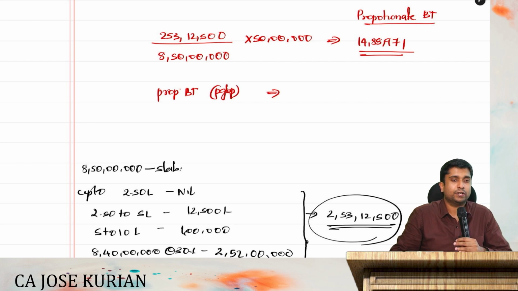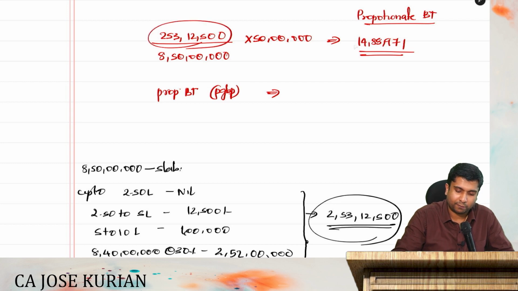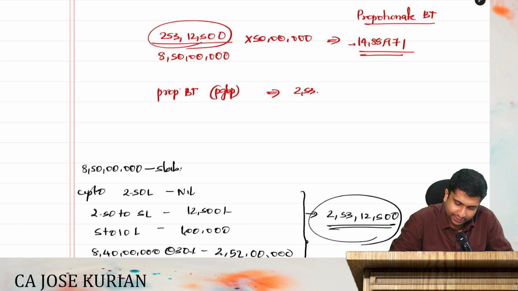Now you tell me how much is my proportionate basic tax liability on PGBP income. Balance income: 253,12,500 minus 14,88,971.